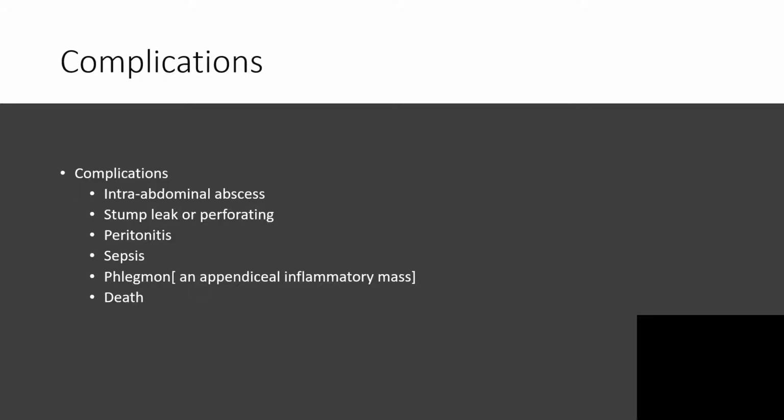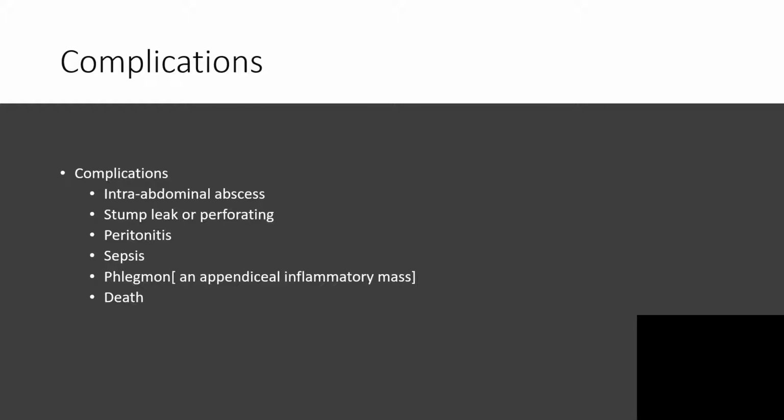What are the possible complications? It is possible to come down with intra-abdominal abscess, and I've just talked about that a while ago, that anywhere there is abscess, it must be treated with incision and drainage, covered with antibiotics as well.